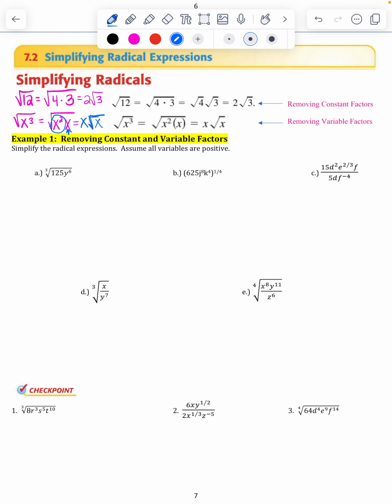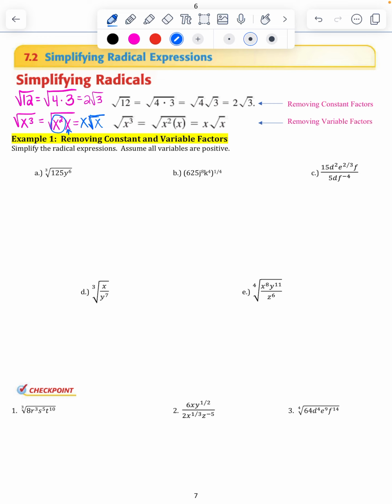Now that was Algebra 1 where we were dealing with simplifying square roots, and that's something that you already learned, but in Algebra 2 we're going to be simplifying cube roots, fourth roots, and so on. So what we're doing in example 1 is simplifying the radical expressions.